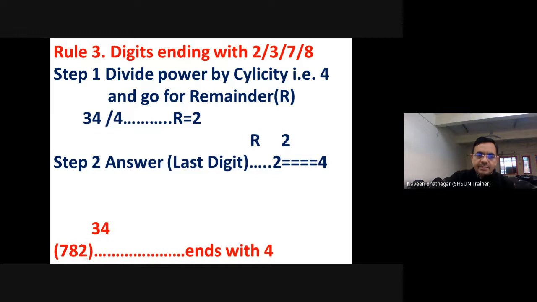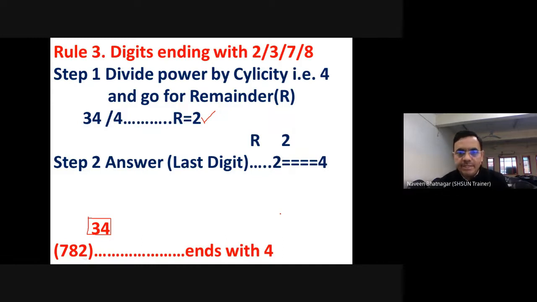See, the last digit is 2 and the power is 34. So I'm going to divide this power by 4 and go for the remainder. 34 divided by 4, remainder is 2. My answer will be last digit raised to power remainder. The last digit is 2, so 2 raised to power 2 is 4. So this number will end with 4.